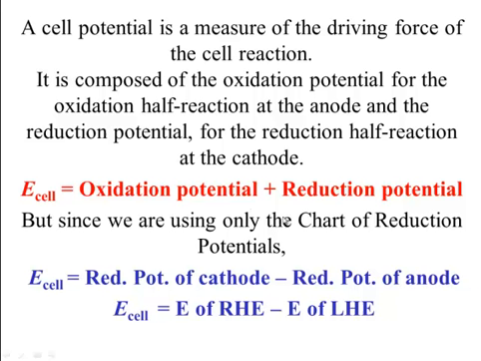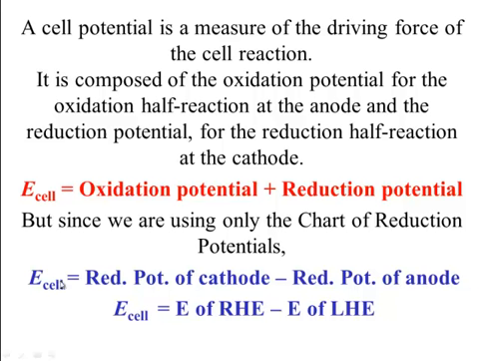Now there are certain tables or charts available which represent only reduction potential, and conventionally an electrode potential is regarded only as a reduction potential and not as an oxidation potential. As a consequence, we prefer to write EMF of a cell in terms of only the reduction potential and not the oxidation potential as shown out here.